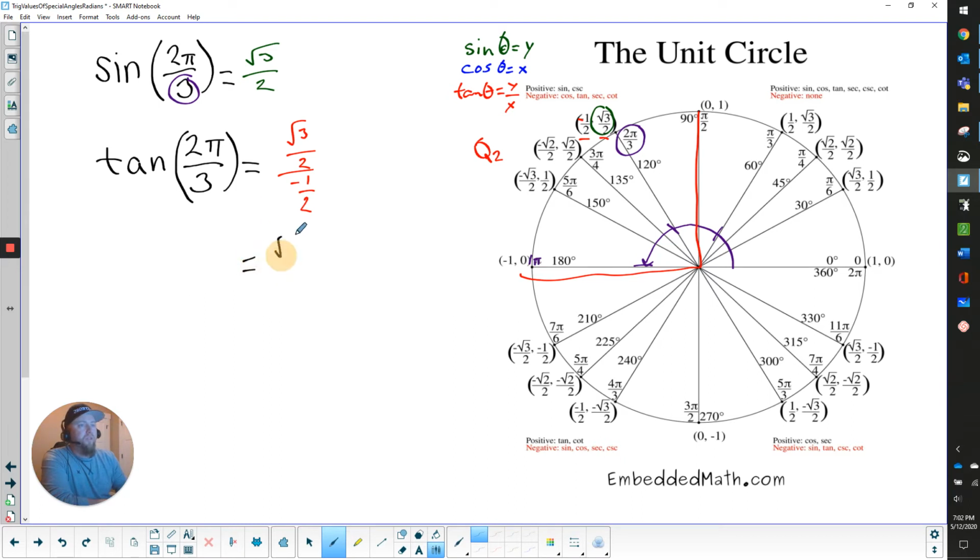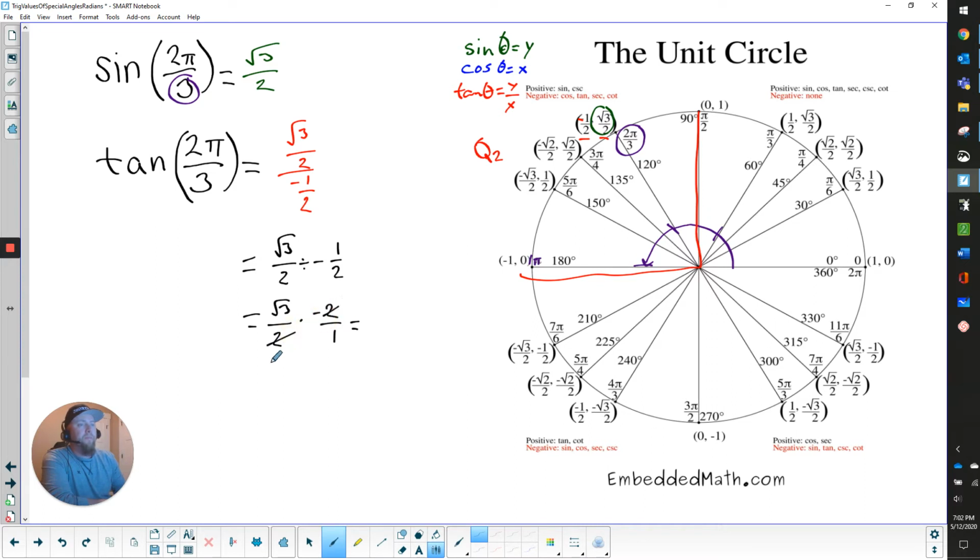It's really a fraction of root 3 over 2 divided by negative half. Remember, dividing fractions by fractions, you're going to flip and multiply that second fraction. So that'll be negative 2 over 1. Okay, so 2 upstairs and down, but we have a negative that's going to hang around here.